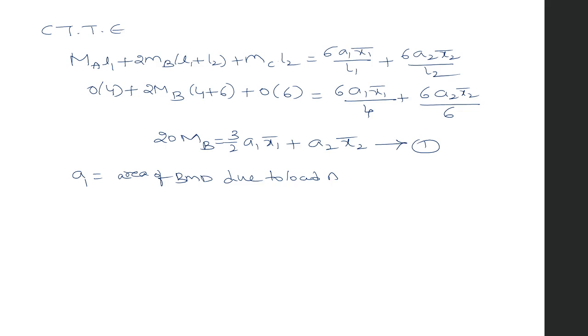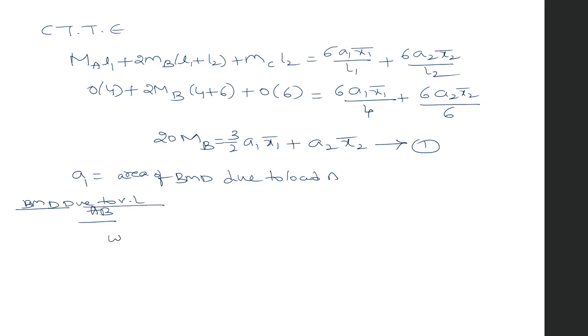Before calculating A1 x1 bar and A2 x2 bar, first we need to calculate the bending moment diagram due to vertical loads on spans AB and BC. Due to external UDL loads on spans AB and BC, the bending moment diagram will be a parabola.